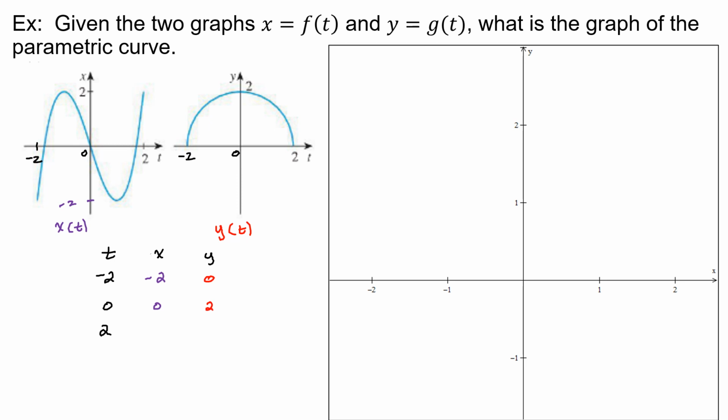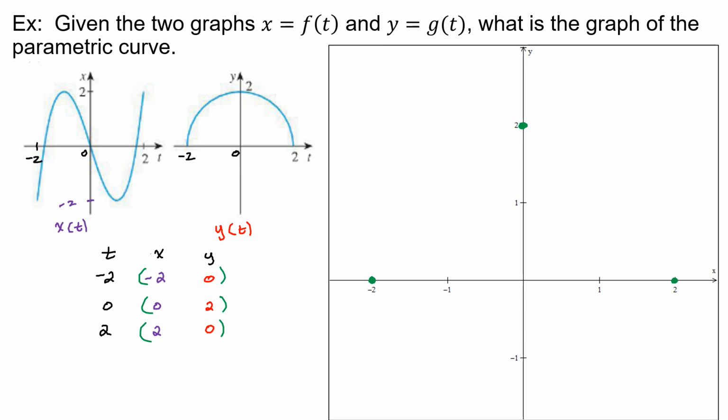And on your 2's, your x graph appears to be at 2, and your y graph appears to be back at 0. So we have these points you can work with. So -2, 0, 0, 2, and 2, 0.